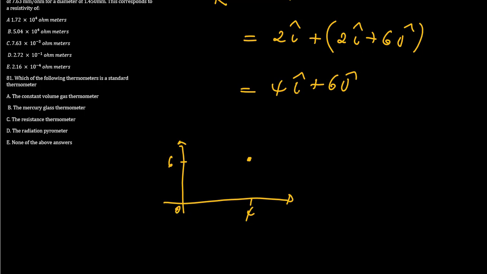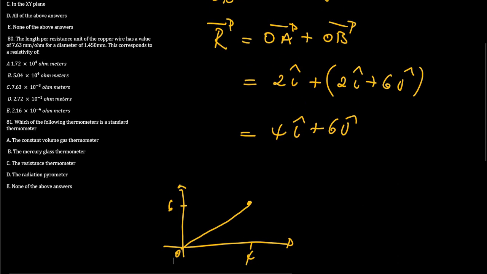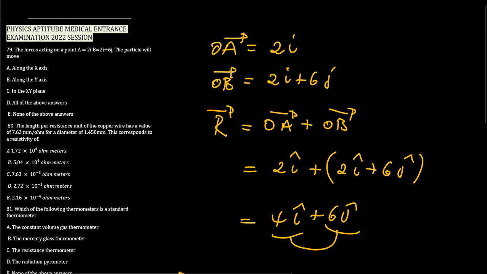If it is linked to the origin, we are going to have a line segment as such, and so definitely this vector expression shows that it is not only along the x-axis, neither is it only along the y-axis. Being along the x-axis means the j component is null. Being along the y-axis means the i component is null. But since it is composed of both components which makes up the motion of the particle, the motion is always going to occur in the xy plane. So the correct option is C.